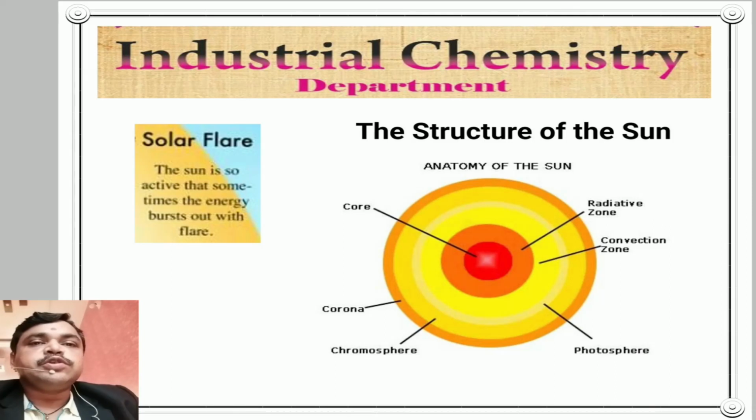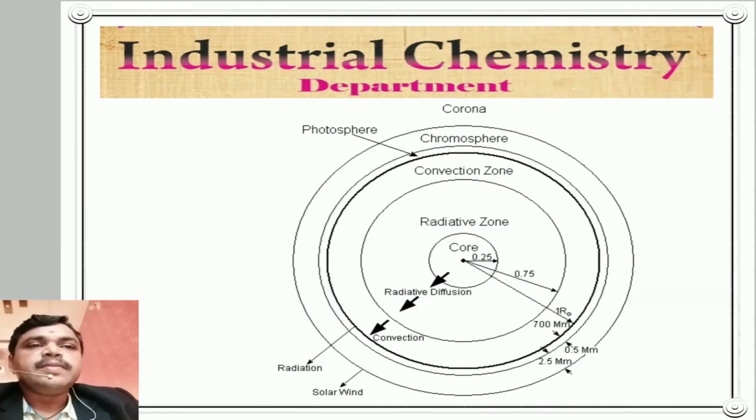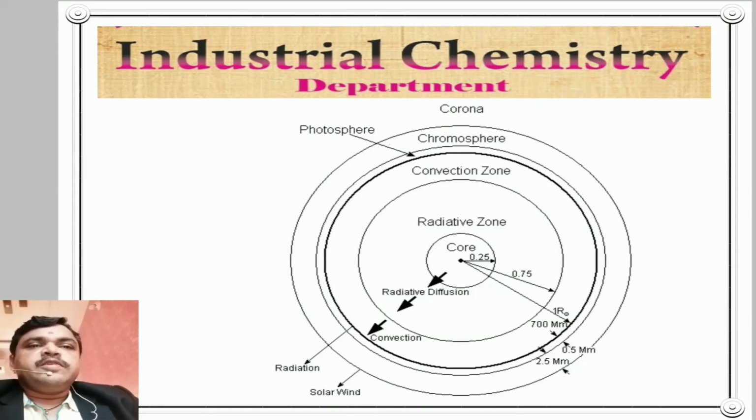So we see a solar flare at the surface of the Sun. Now all parts are described here together. This figure shows the Sun's structure and the radius of different types of layers.